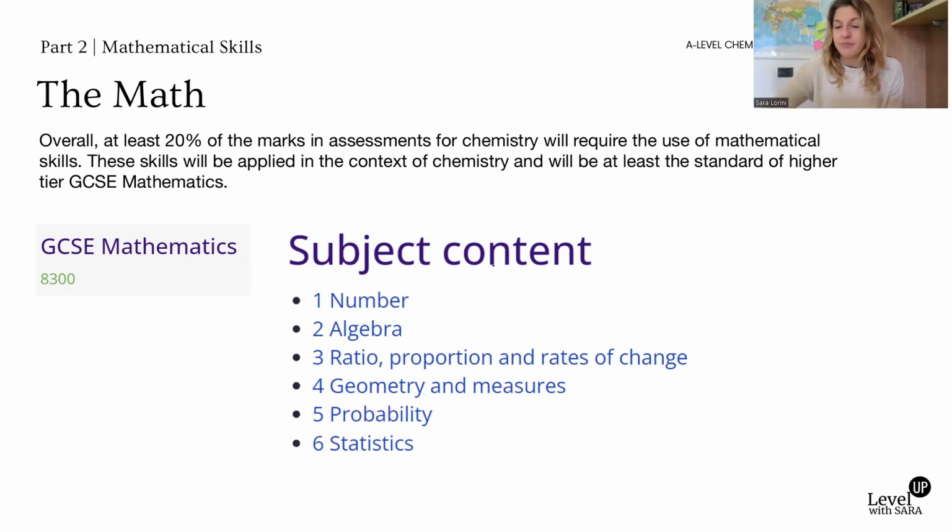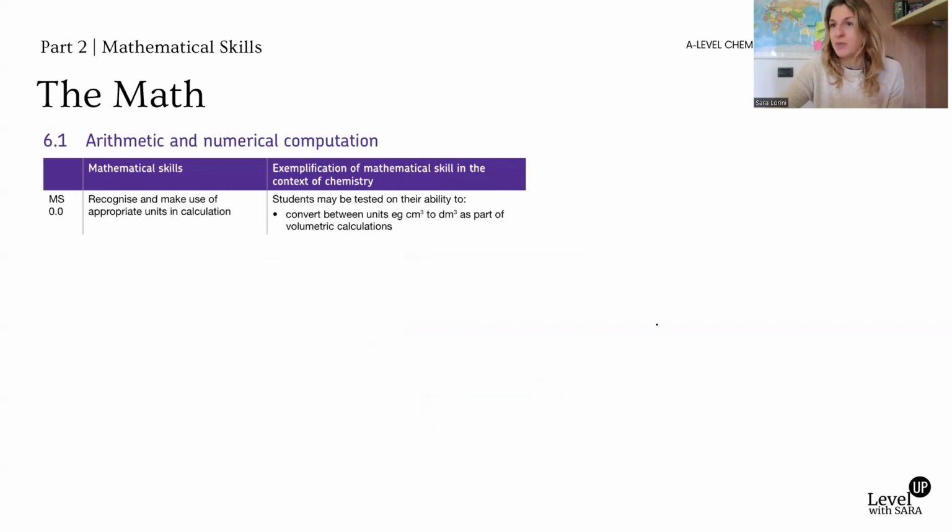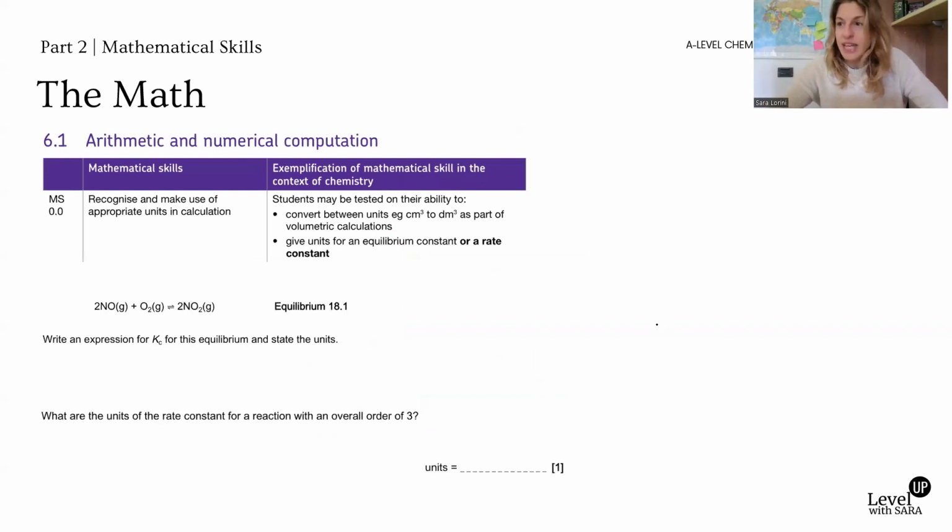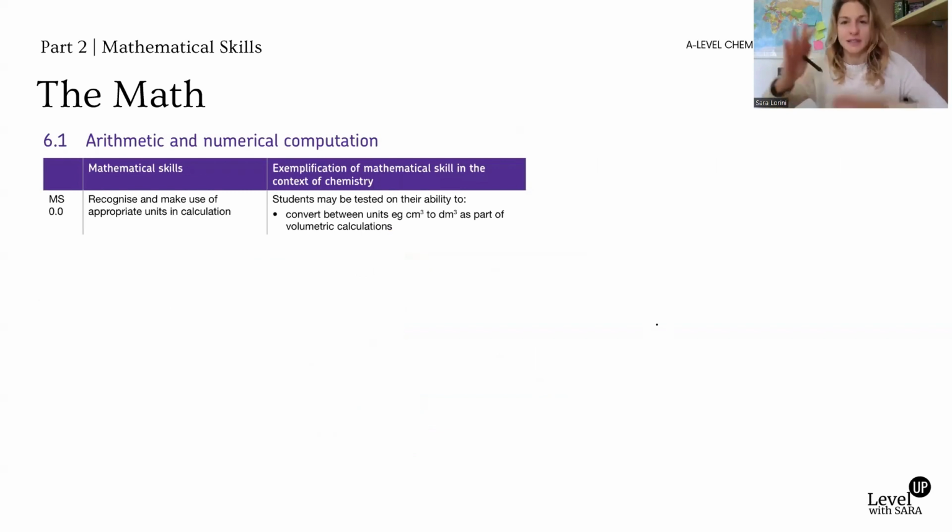Okay, so let's now take this into more detail, and we will look at each mathematical skill that is required, as stated in the AQA specification. The first part is a little summary of the key skills.